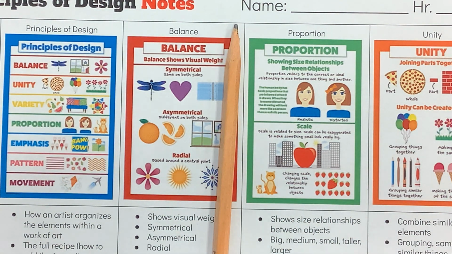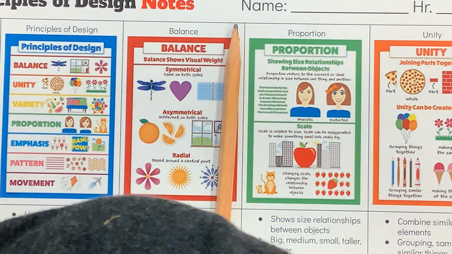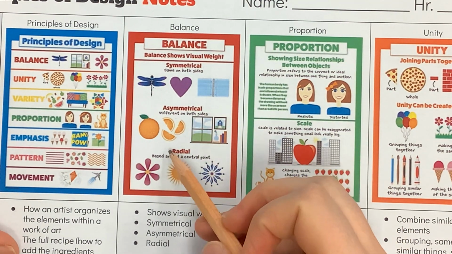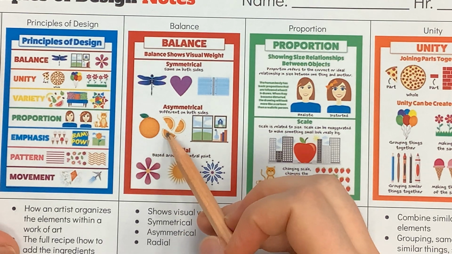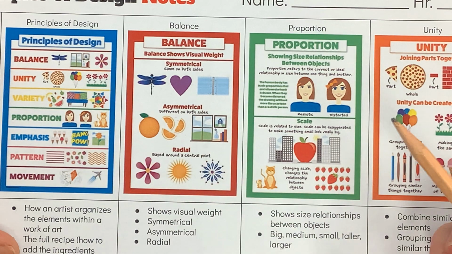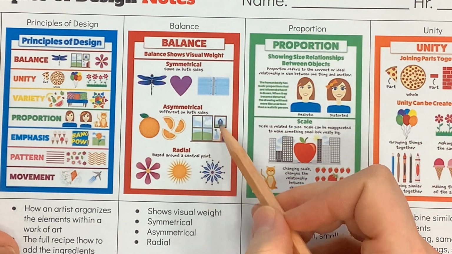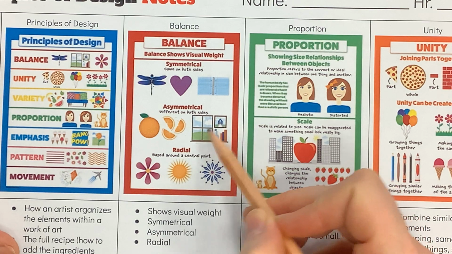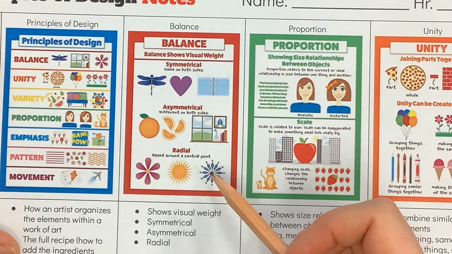Generally, hands are symmetrical for the most part. It's like a mirror image, right? For asymmetrical, that means they're different on both sides, but they have similar likeness. So, for example, we've got like a full orange here and then slices of the orange there. Hey, we've got a big picture window, but then we've got like smaller square-like shapes or rectangles that kind of even out the area, okay?